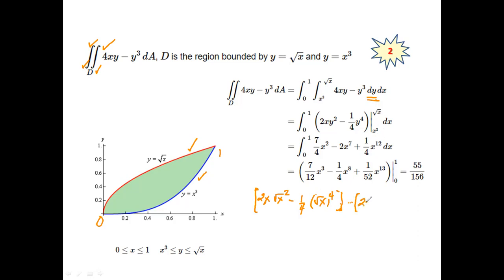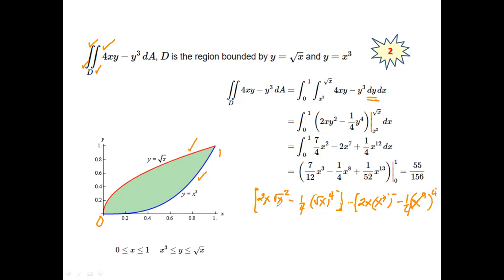So it should be 2x times x cubed squared, minus 1/4 x cubed, we raise this to 4.